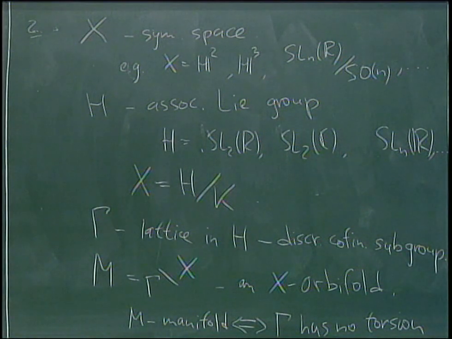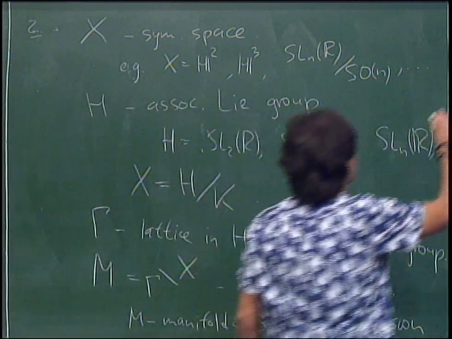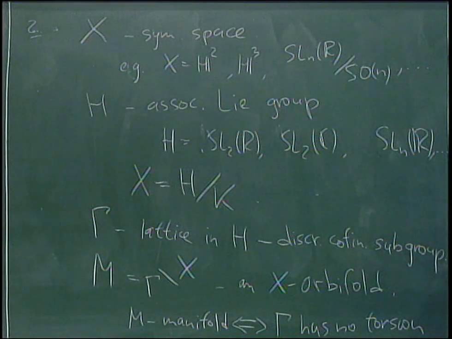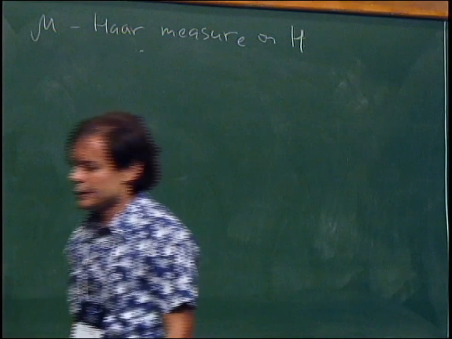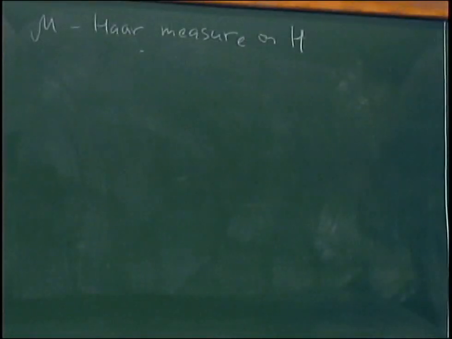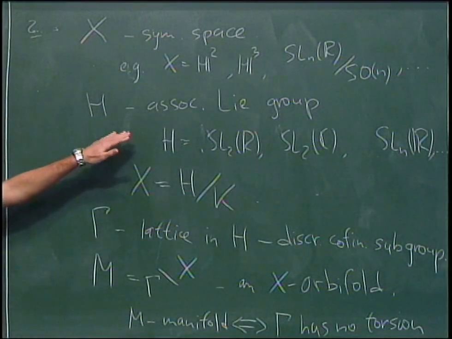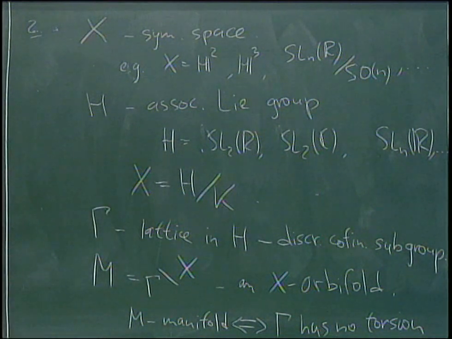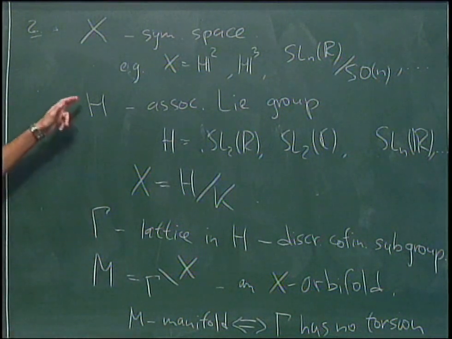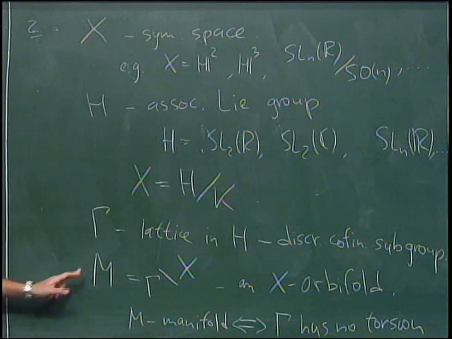And the last thing, well, not the last, but let me also fix a measure, Haar measure on a group H, and it induces the measure on the symmetric space X. So, for instance, in hyperbolic example, we can just fix a measure in a way that the induced measure on, say, X and on spaces M will be a hyperbolic volume.